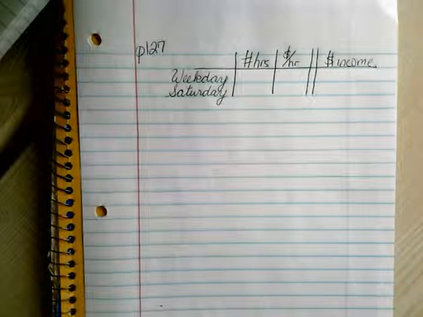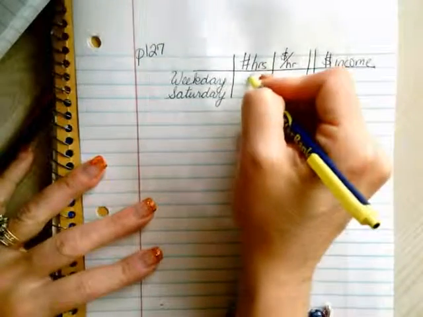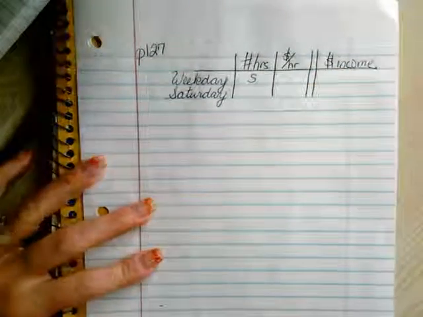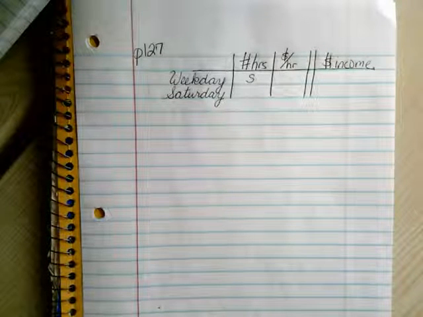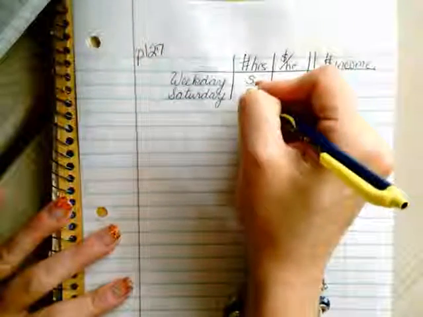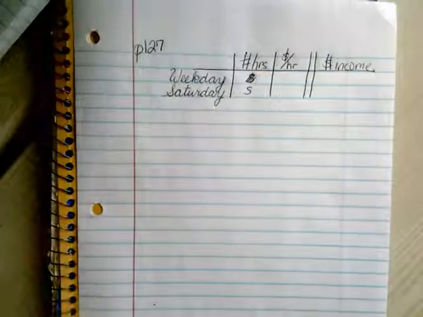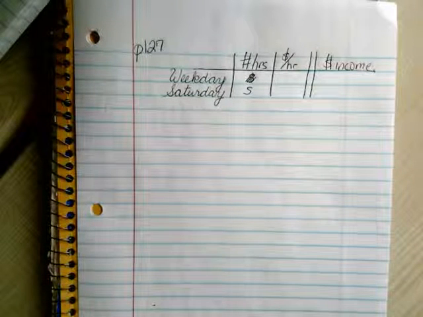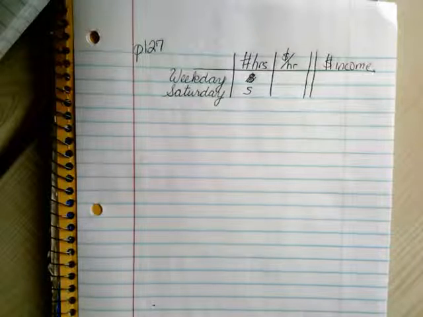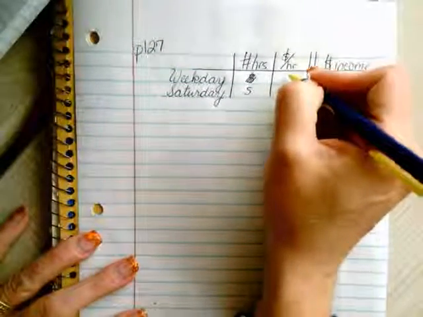So, some things I know. They want me to fill this in, so they've given me this. That's the only thing they've given me. How much per hour does she earn? Oh no, they want that in the weekdays, or the Saturday spot, because I wrote it backwards. How much does she earn per hour during the week? $5 an hour.